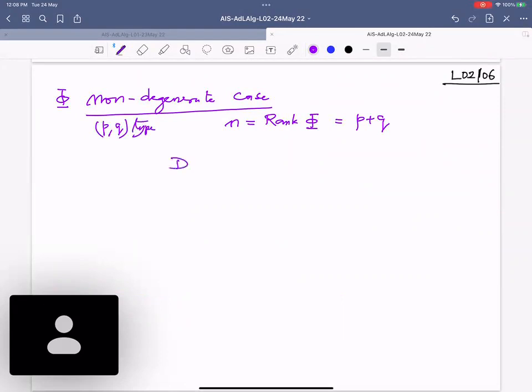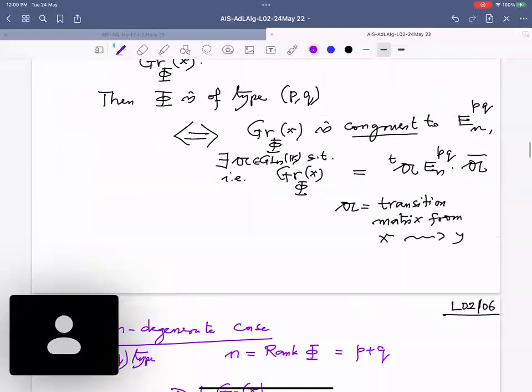Then the determinant of Gram's matrix, for an arbitrary orthogonal basis. This I want to write down, and this is from here.